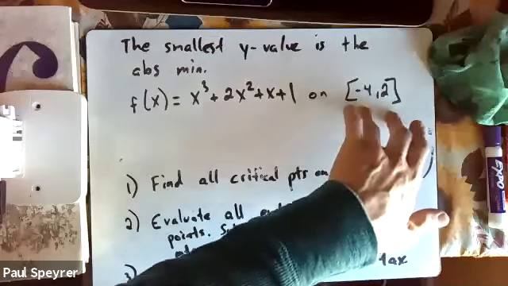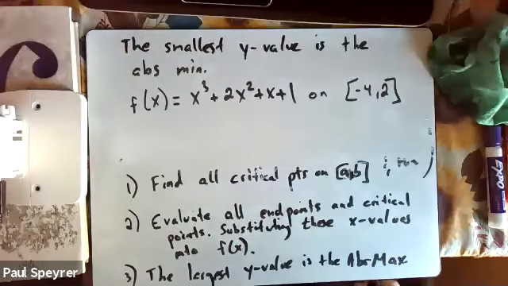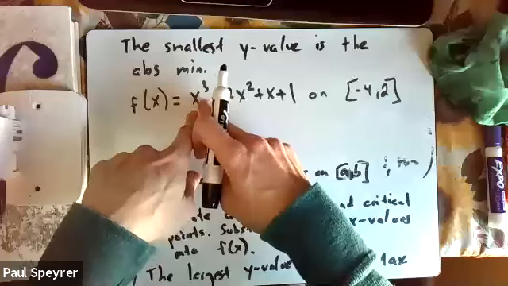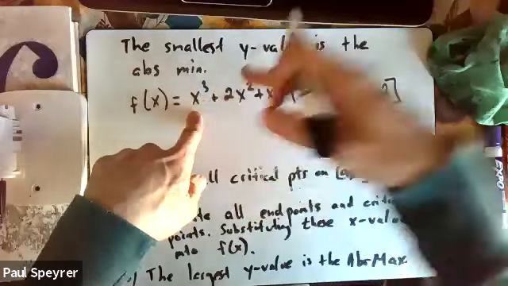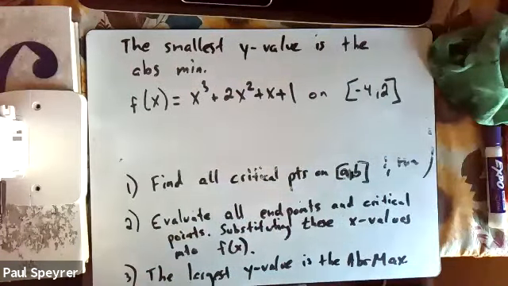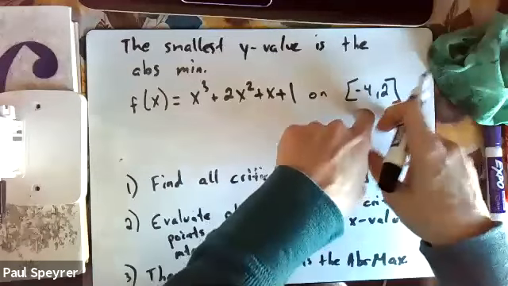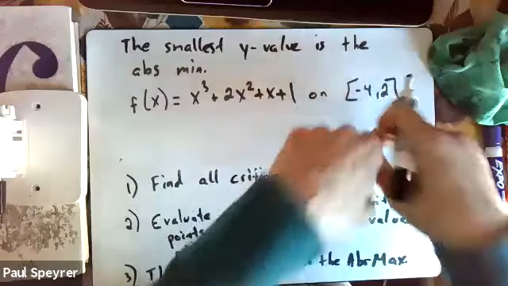That's very important. If they don't, then depending on what kind of degree this is, if you had x to the 100th, you would have 100 humps all over the place, and you'll be there all day trying to find out which one of these 100 humps is either the biggest or the smallest, right? So that's why they give you a snapshot of what they are looking for in particular.